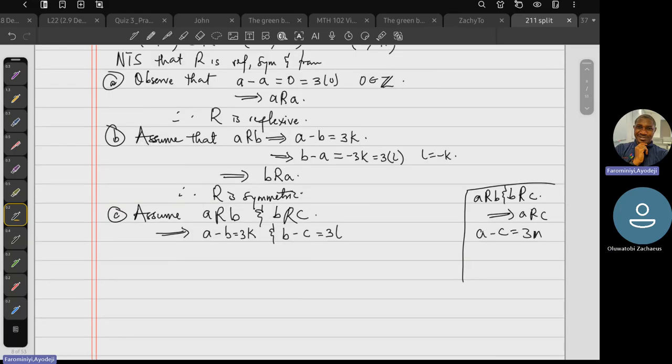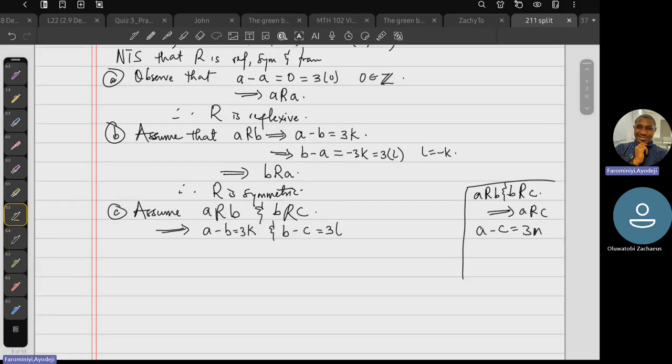What do you think we should do? We can make B the subject from the first one. So B will be equal to A minus 3k and then plug it into the second one. Good. That's one way to look at it. Let's say this is star and this is double star. From star, B is equal to A minus 3k.